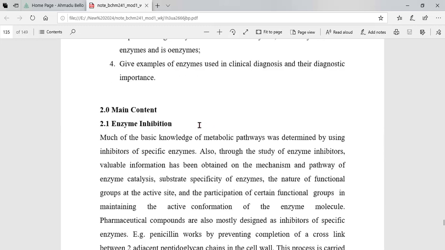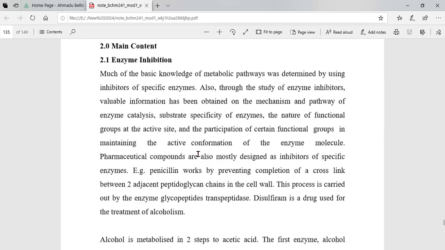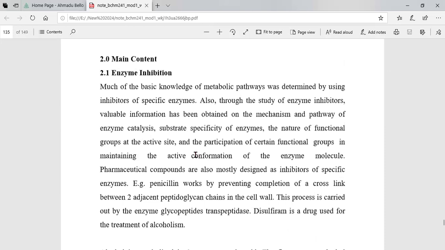So let's look at inhibition. The basic knowledge of metabolic pathways is determined by using the activities of enzymes, and we can use specific enzyme inhibitors to carry out those processes.